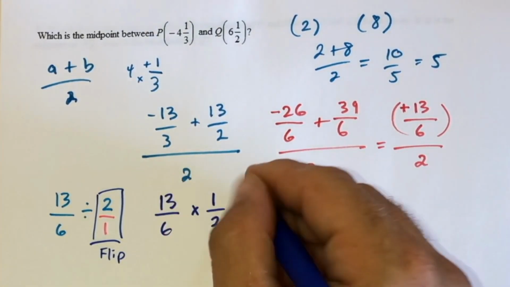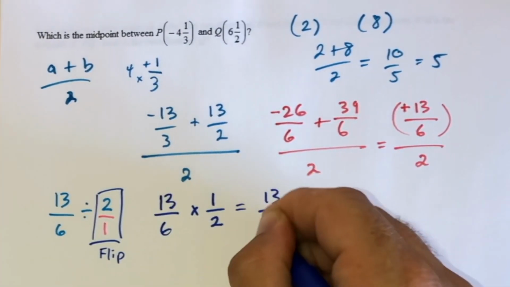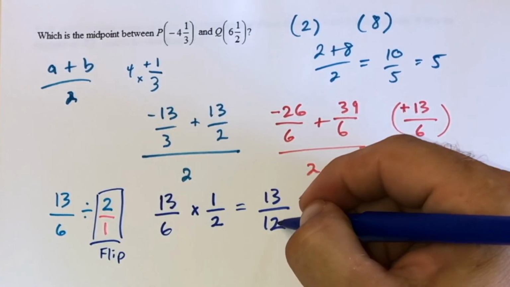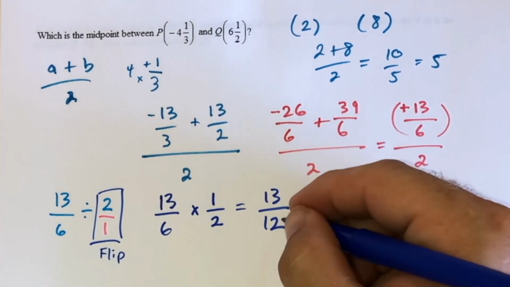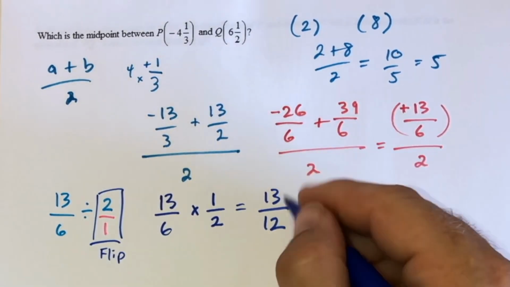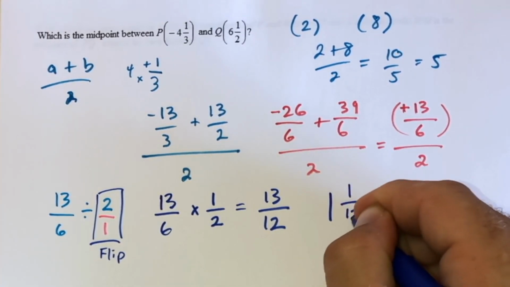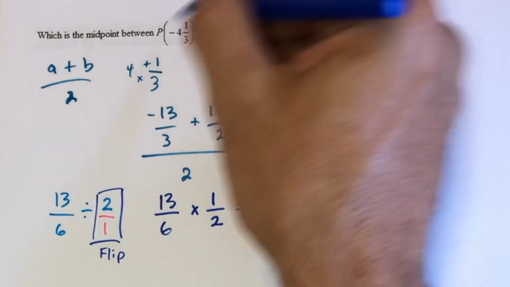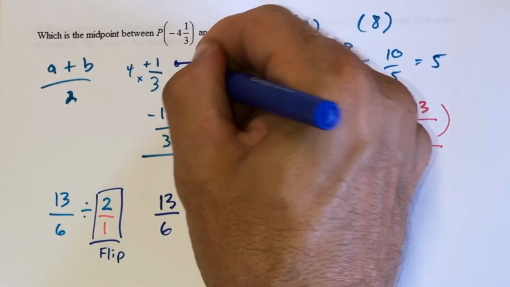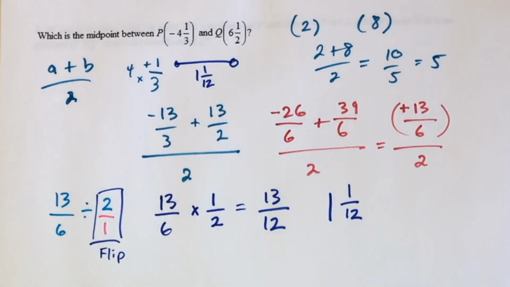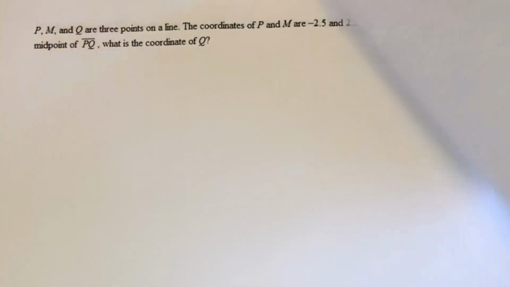And when you multiply fractions, you're multiplying across: 13 over 12. The numerator is bigger than the denominator, so I'm going to say 12 goes into 13 once with 1 left over. And the answer for my midpoint of these two points would be 1 and 1/12. So that's just a midpoint example with fractions.